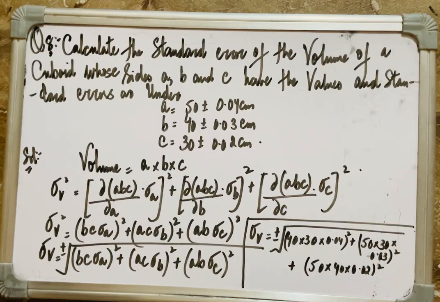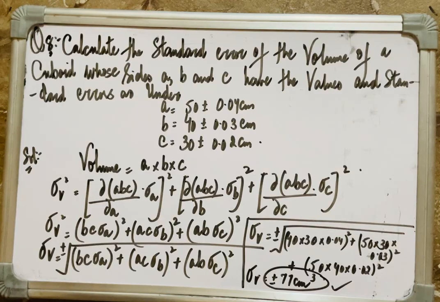Standard error in volume is given by this expression: 40 into 30 into 0.04 square of it, plus 50 into 30 into 0.03 square of it, plus 50 into 40 into 0.02 square of it. By calculations, standard error in volume is equal to plus minus 77 cubic centimeters. All right.